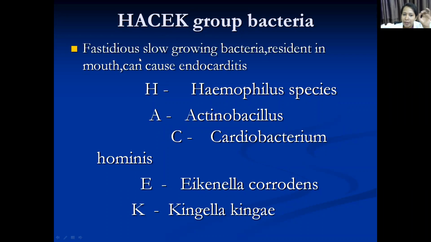These are fastidious, slow growing bacteria. They are present in the mouth and they cause endocarditis. H for Haemophilus species, A for Actinobacillus, C for Cardiobacterium hominis, E for Eikenella corrodens, K for Kingella kingae.